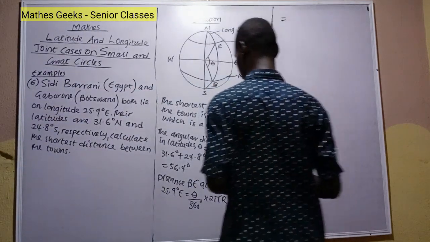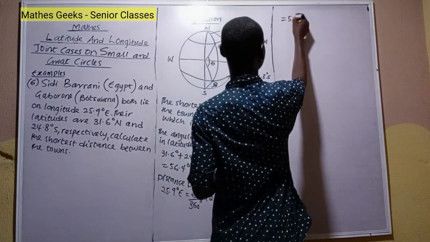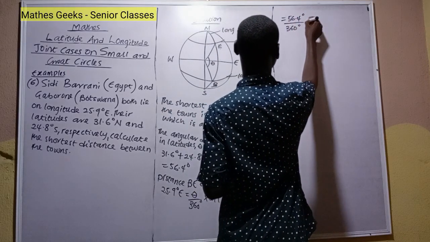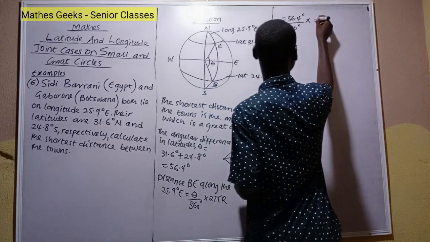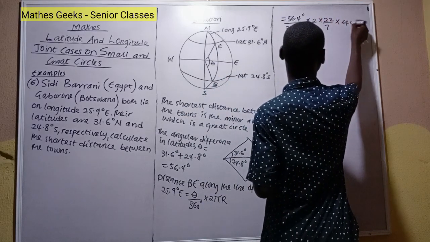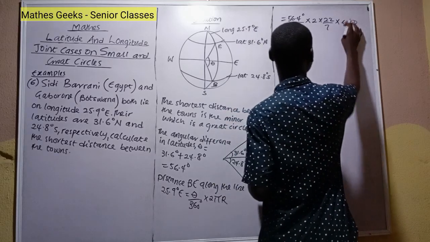So theta is 56.4 degrees over 360 degrees times 2 times 22 over 7 times 6,400.